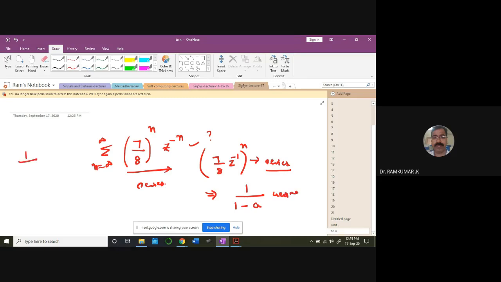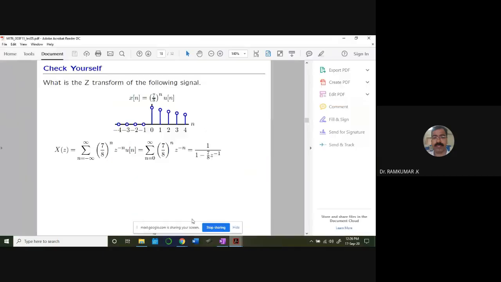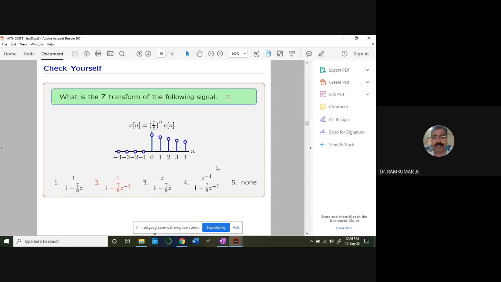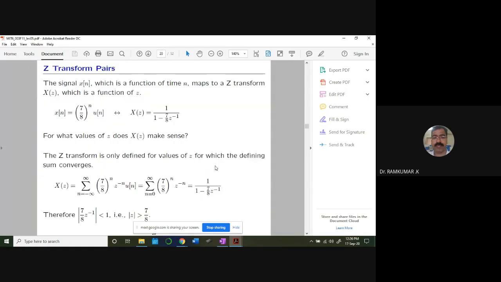So this series can be represented as 1 by 1 minus 7 by 8 z power minus 1. That's the answer. In the same manner you can work out others, but later on we'll do it.